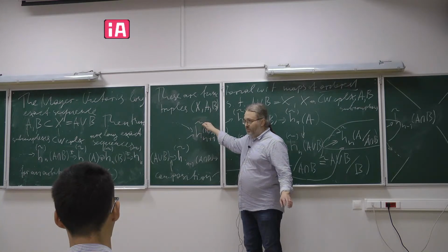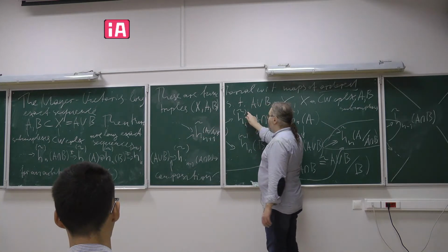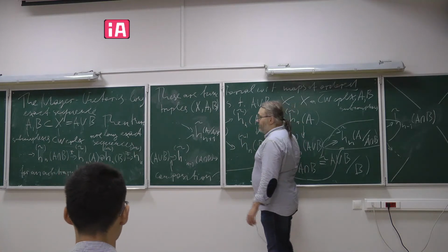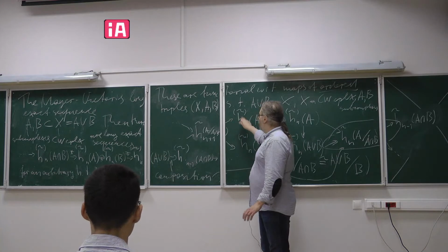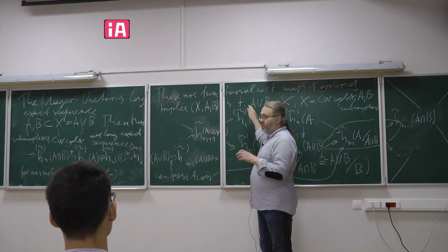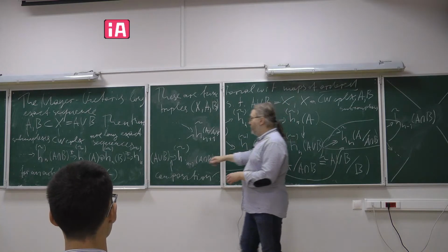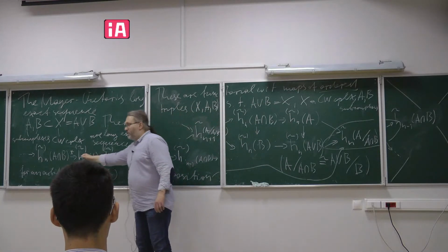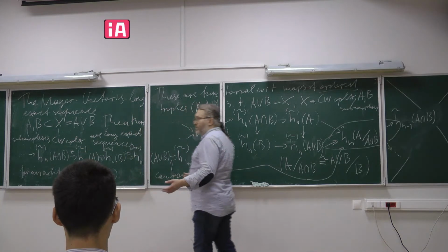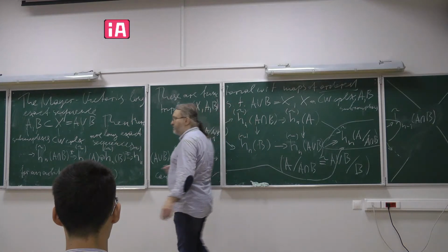They need to be the tildes. But the ones over the remaining groups are optional. Meaning, if we include them, we get the Mayer-Vietoris sequence with the tildes, and if we don't, then we get the Mayer-Vietoris sequence without the tildes.